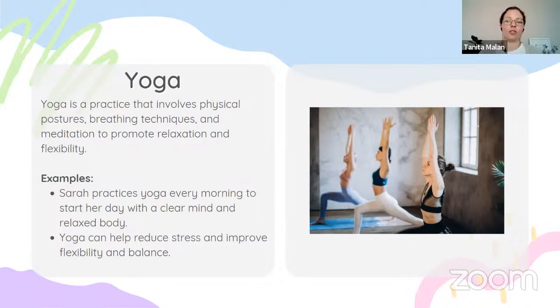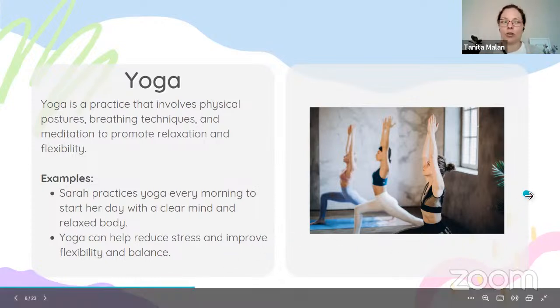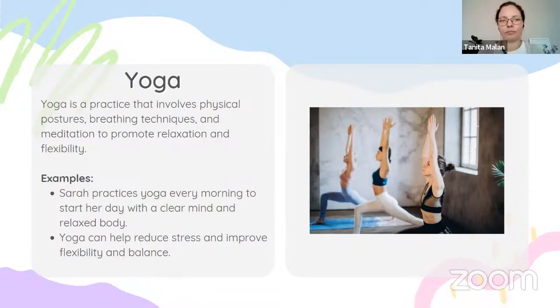So yoga is really good if you want sort of overall body health and mental health, because flexibility is really good for your joints, your muscles, and just your health in general. So I highly recommend getting a bit of yoga into your routine.